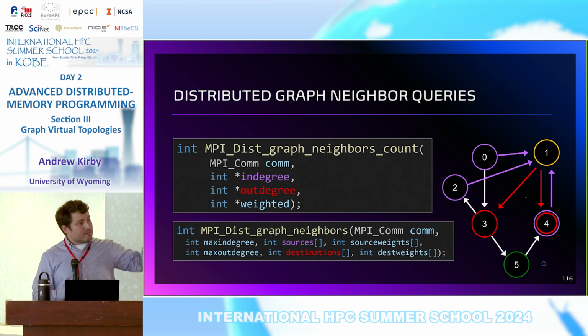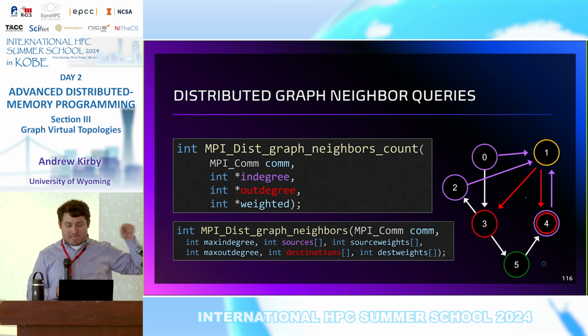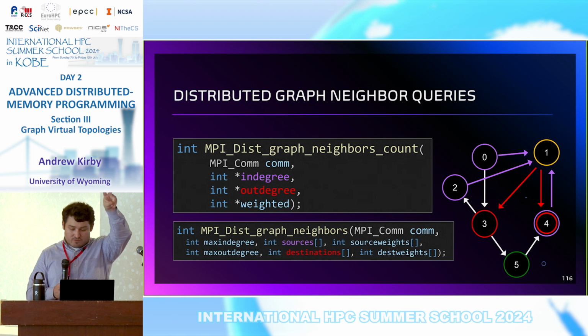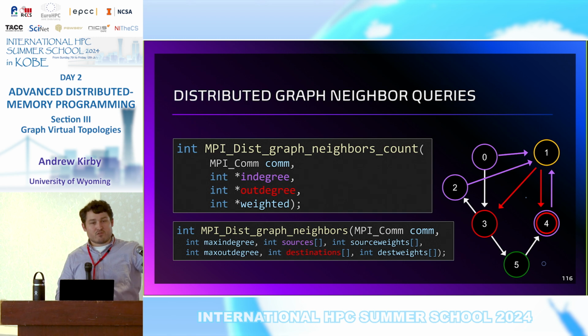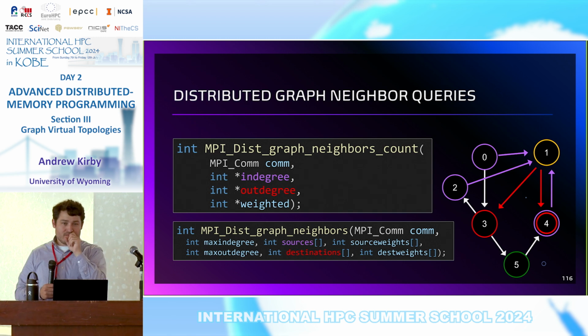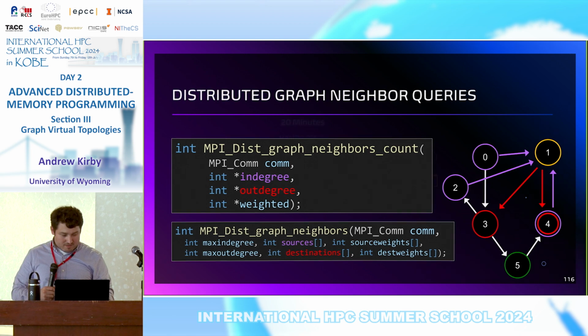And at the same time, we can query how many nodes rank 1 is talking to, and it's talking to 2, shown in red. And then we would get the list of destinations if we put the ordering in as 3, 4 when we construct it. Okay, pretty straightforward.